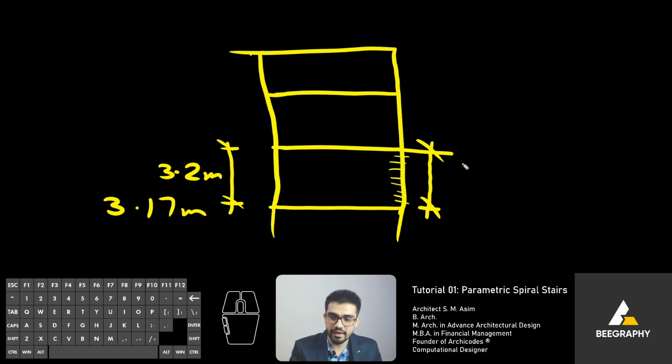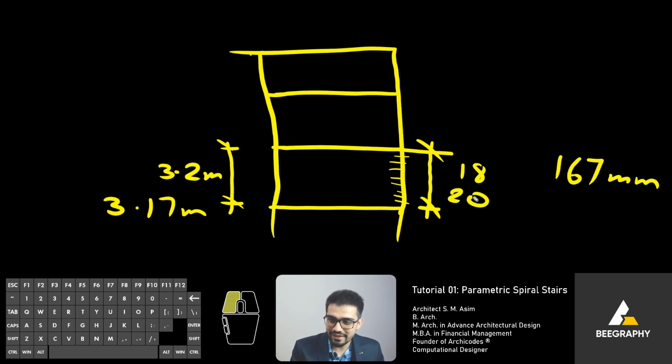Let's say we divide it by 18 steps, and then we check what the riser would come out to be. Many a times it comes out to be 166.7, 167 millimeters, 166.666 millimeters. So that's not good.